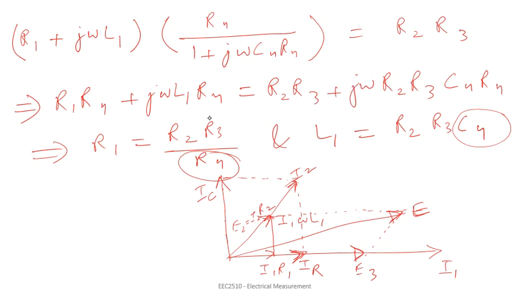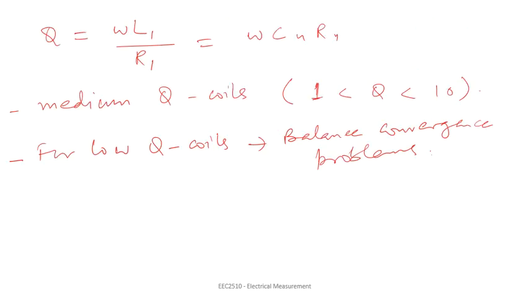So in this balance equation you can see that this is a special type of effect which is known as the sliding balance. The balance is not steady at one place. So in this way, these are the bridges which can be used for the measurement of the inductance of a coil.